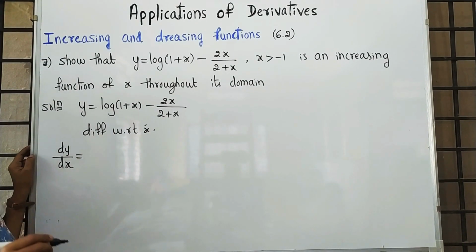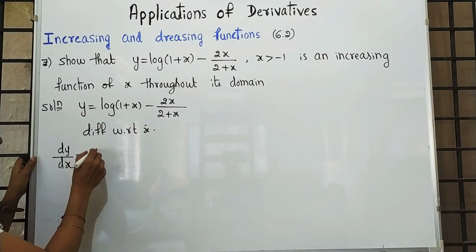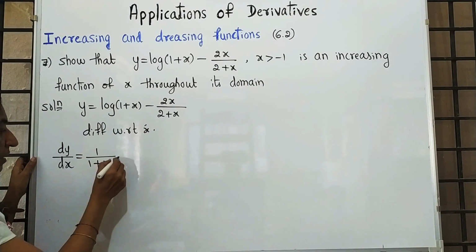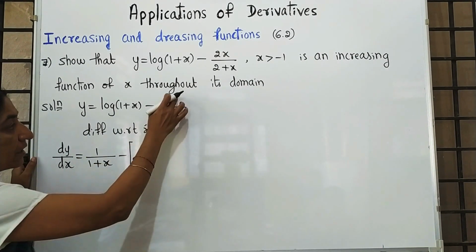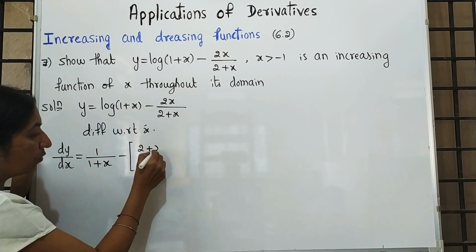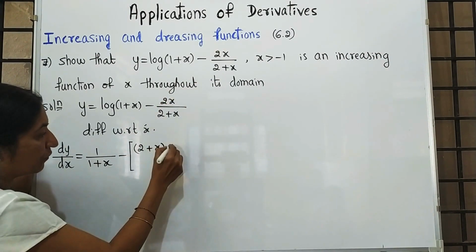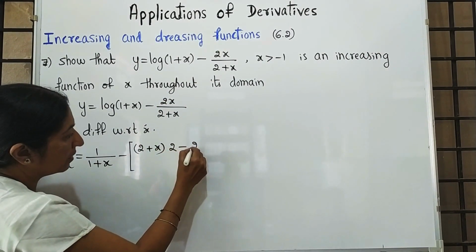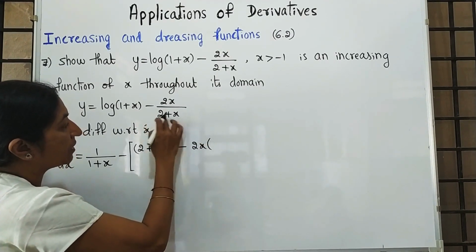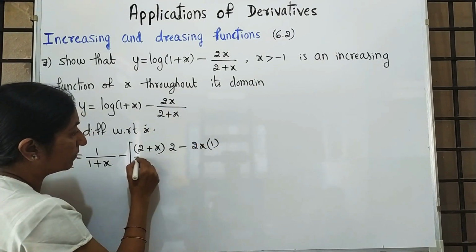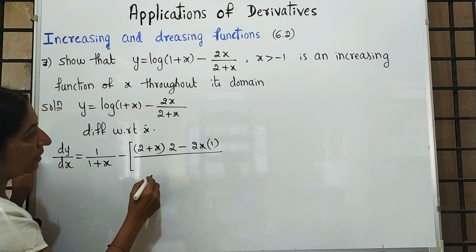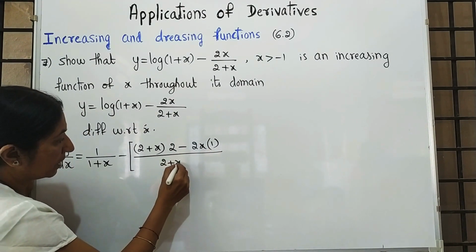What is the differentiation of log 1 plus x? 1 upon 1 plus x minus, write it in the bracket, it is u by v. 2 plus x as it is, differentiation of 2x is 2, minus 2x as it is, differentiation of 2 plus x is 1, divided by 2 plus x whole square.